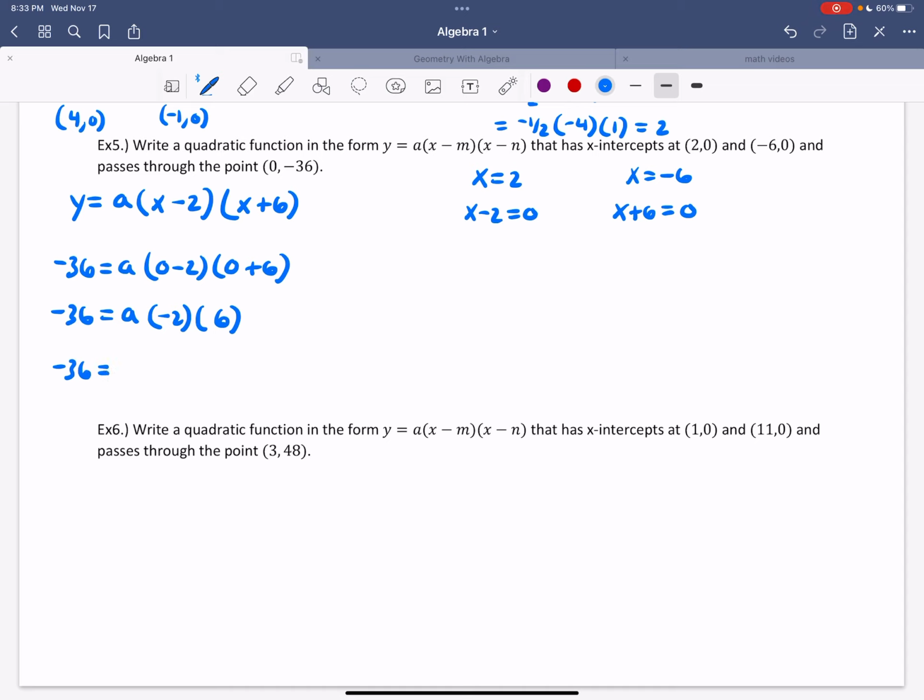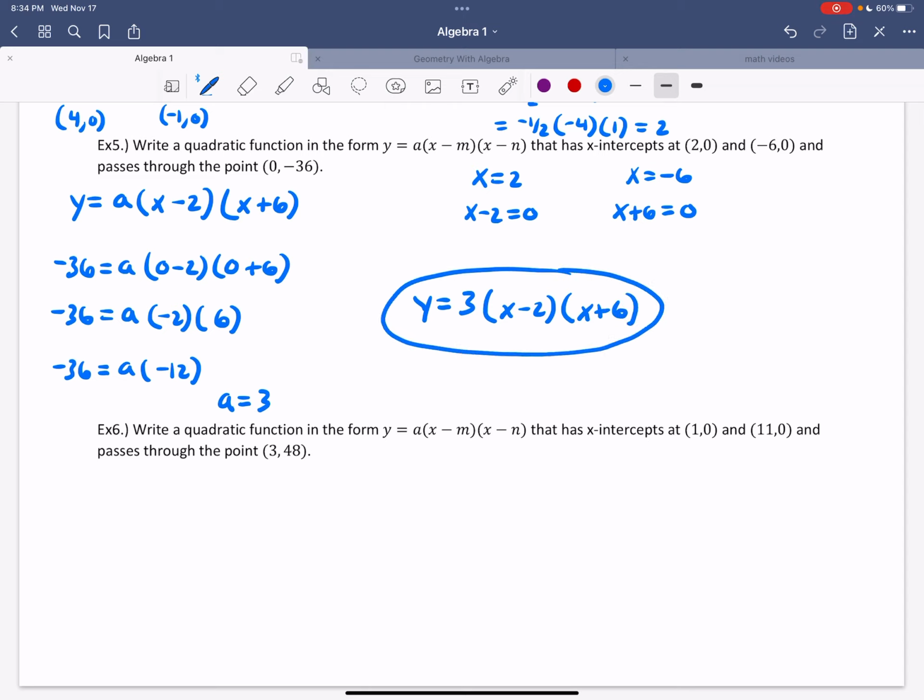Negative 36 equals a times negative 12. And then divide both sides by negative 12, and we get a equals 3. So then all we have to do next is put it all back together. So our equation is y equals 3 times x minus 2 times x plus 6. And that would be my equation.